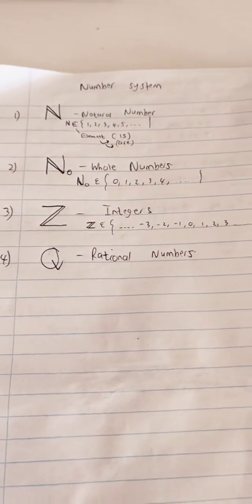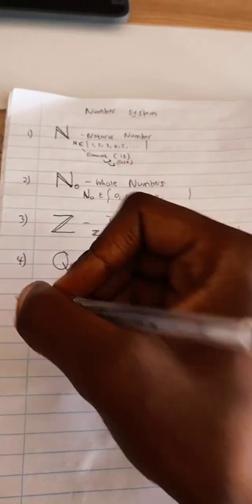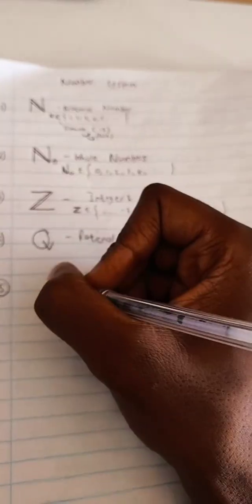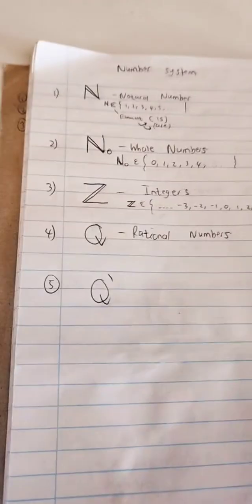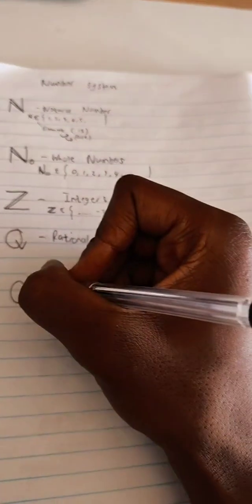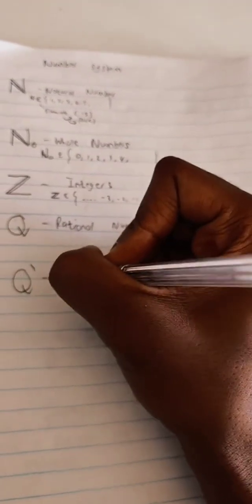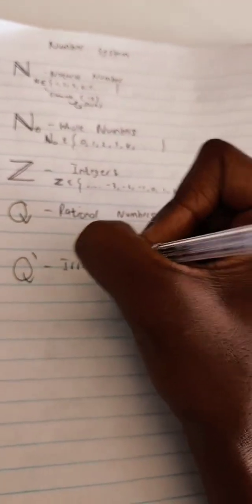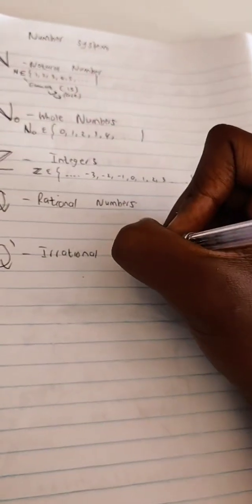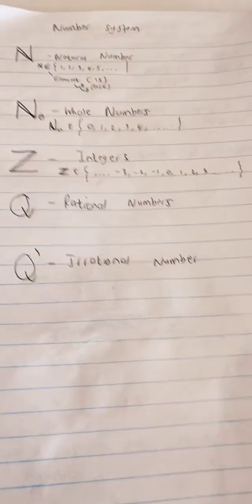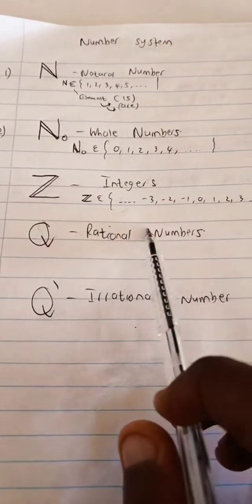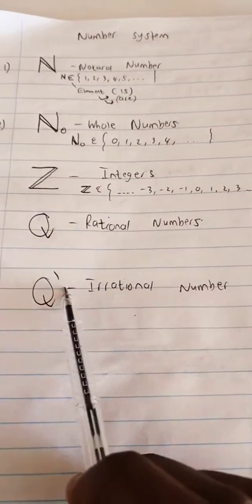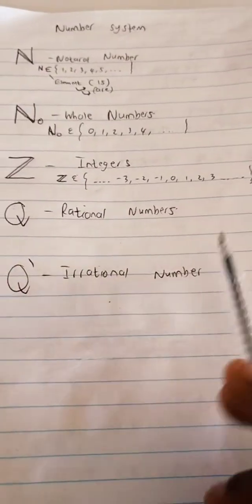Please guys, let's not forget that: rational. The irrational one is the Q with an apostrophe in it. That Q with an apostrophe means irrational. So a Q means rational, and a Q with an apostrophe means irrational.